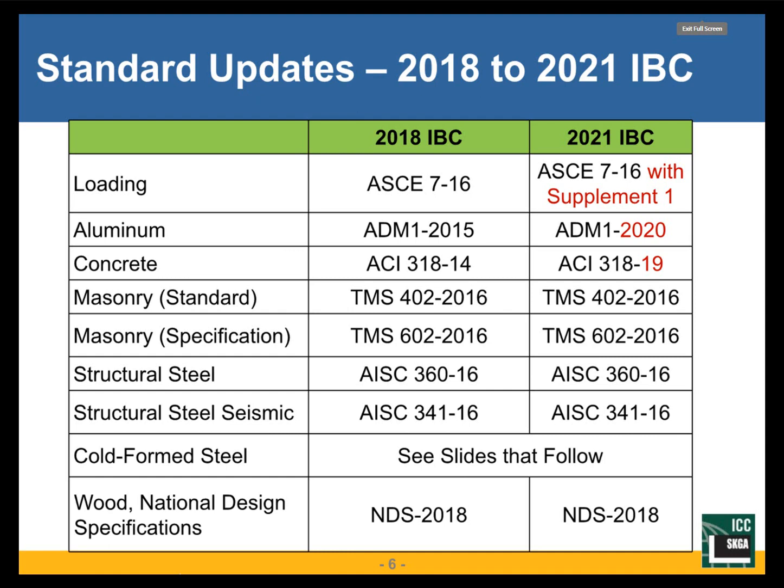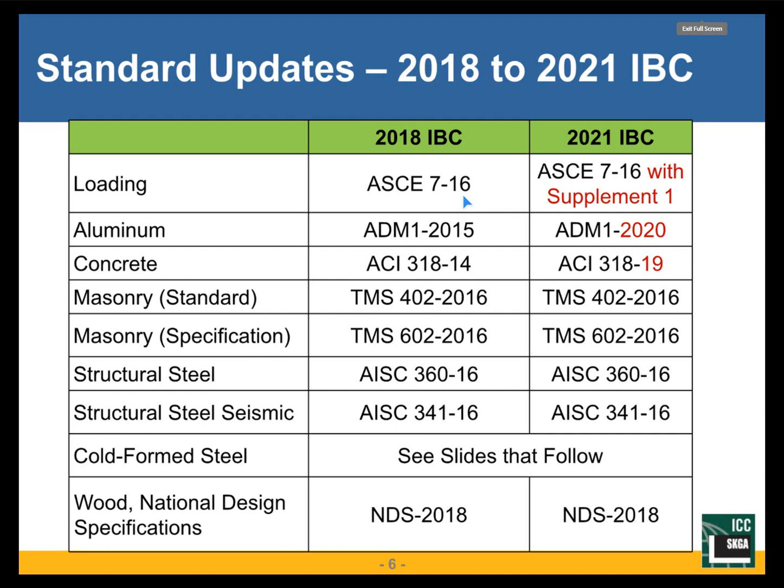Now, anytime we go to a new edition of the IBC, the first thing we need to recognize is that many of the reference standards change in the editions that are adopted. So this time, in going from the 2018 to the 2021 IBC, for ASCE 7-16, I already mentioned the edition doesn't change, but supplement number 1 gets adopted.